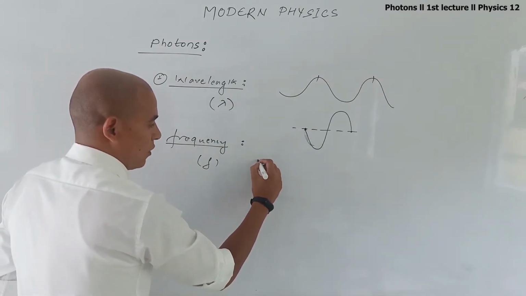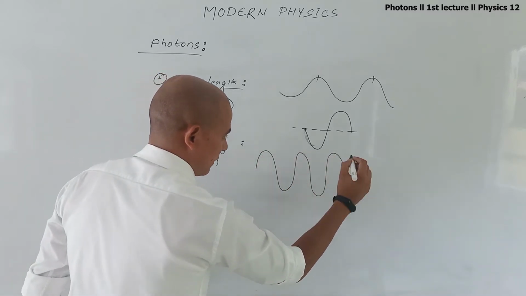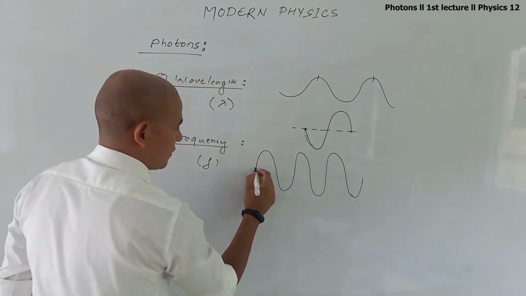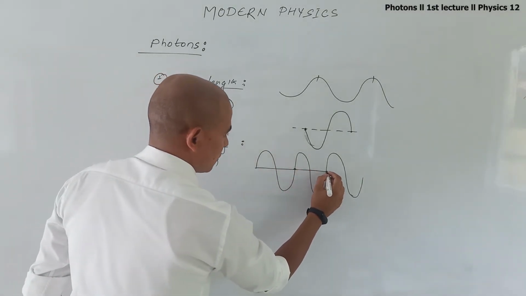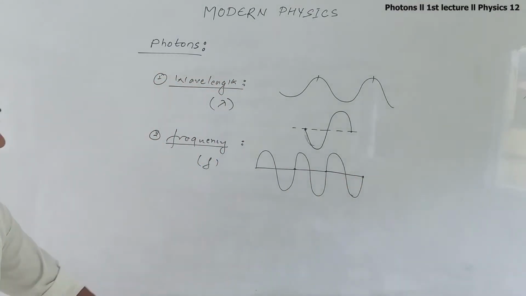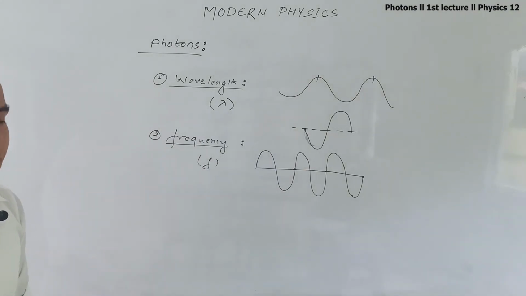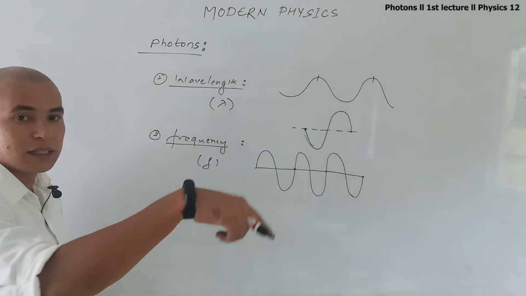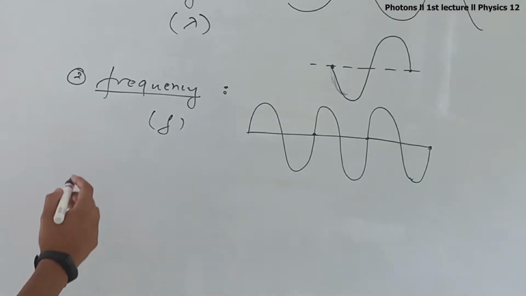For example, if a wave completes 1 cycle, 2 cycles, and 3 cycles in 1 second, then its frequency will be 3. So the number of cycles it completes in 1 second is known as frequency.